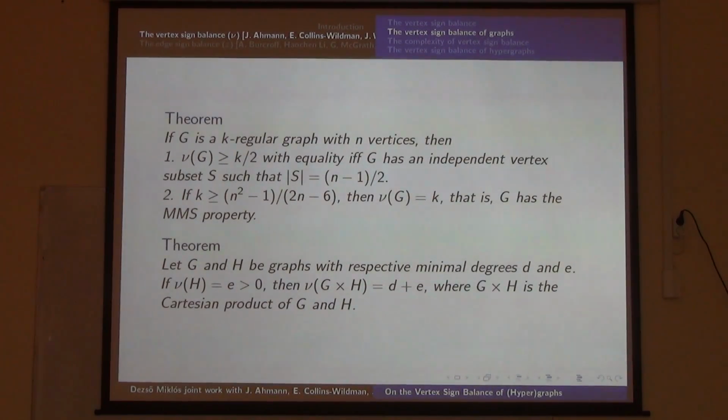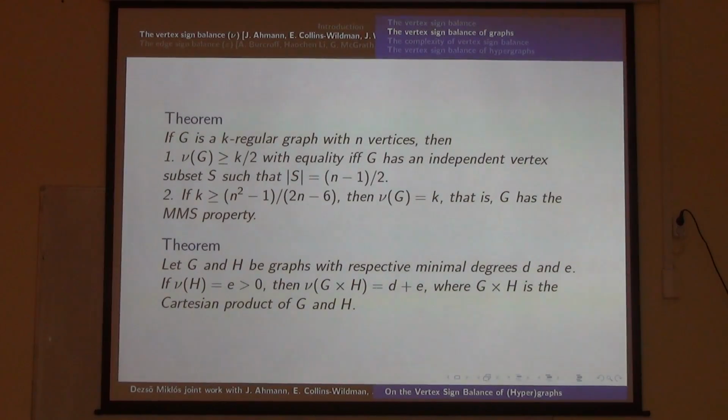Having the previous tools, we found a couple of results about the vertex sign balance of certain graphs, how big it can be, and which graphs have the Manickam-Miklós property.